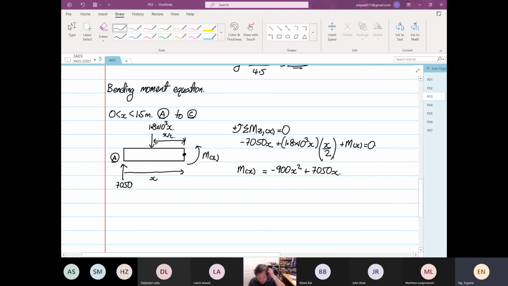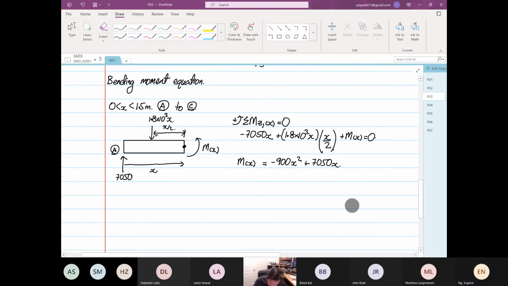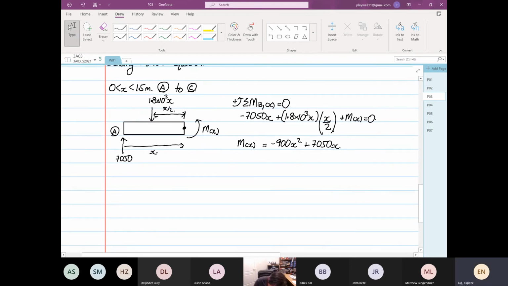Okay, so if we want to find the moment at point C, so I'm going to call this equation number 1. We're going to substitute x equal to 1.5 meters into equation number 1.